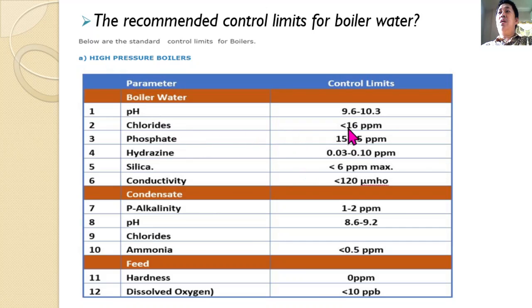Chlorides, less than 16 ppm, or parts per million. Phosphate, 15 to 25 parts per million. Hydrazine, 0.03 to 0.10 parts per million. Silica, less than 6 parts per million maximum. And conductivity, less than 120 micrometer.